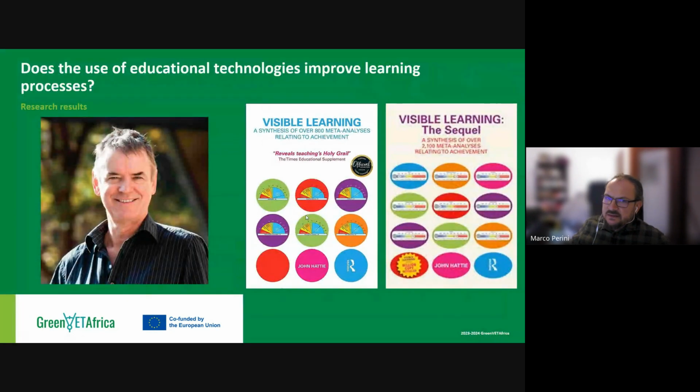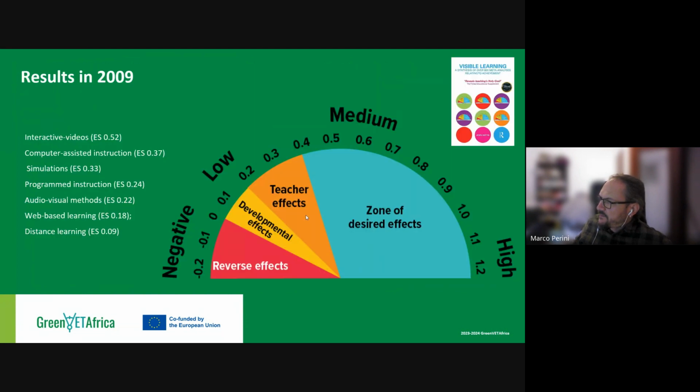So these are the books of the research that I taught you, and this is Hattie. These are the effect size values that I mentioned before. So as you can see, interactive videos are 0.52, and is in the zone of desired effect.